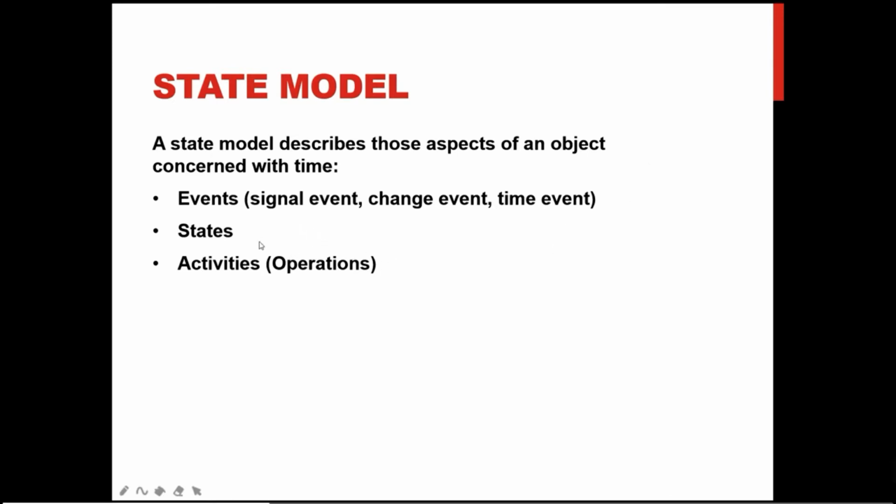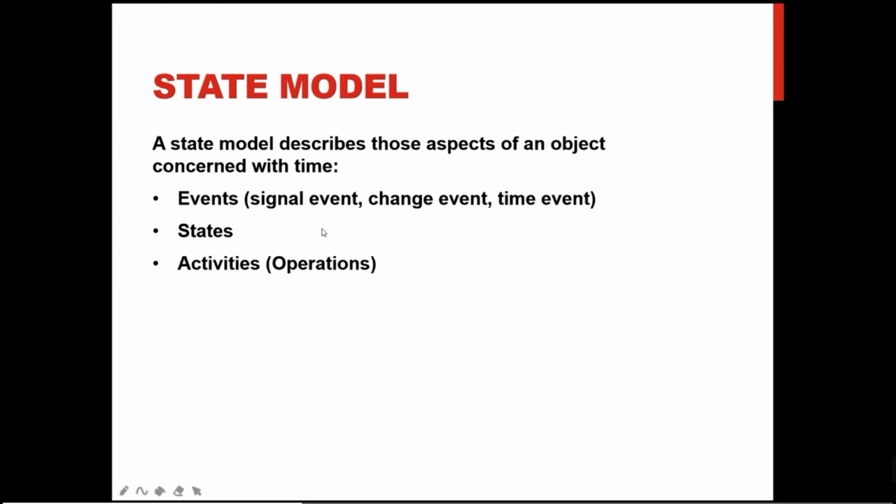And in different states, there are different responses to different received events, and we will use the state diagram to show the events and the activities for different events. Within the state, there are some do operations or do activities, or some activities are correlated with events.